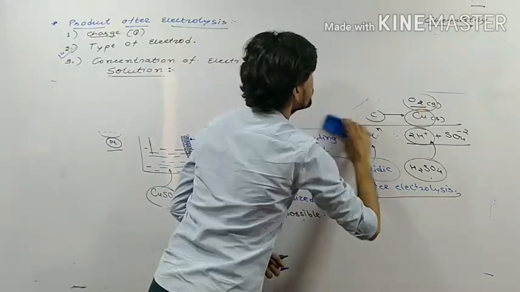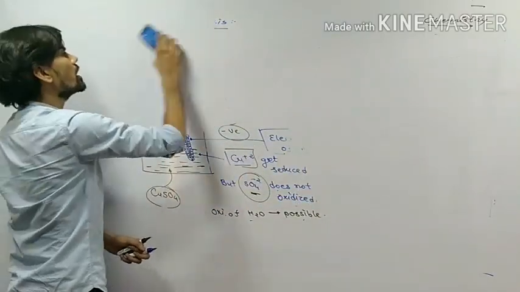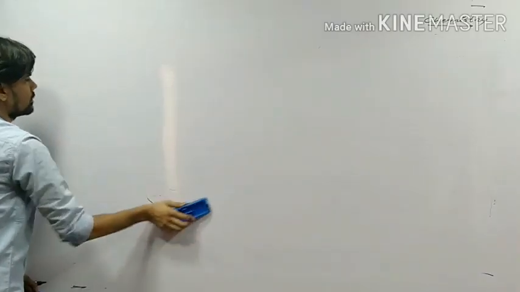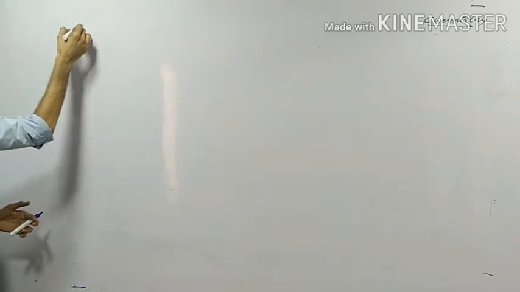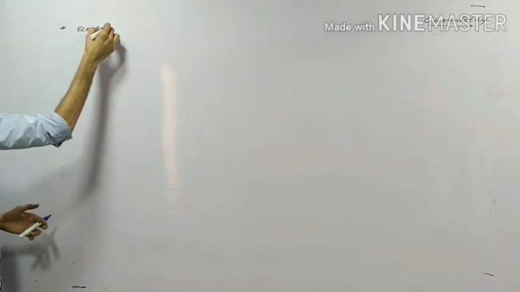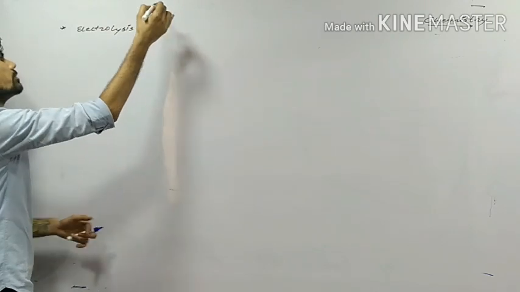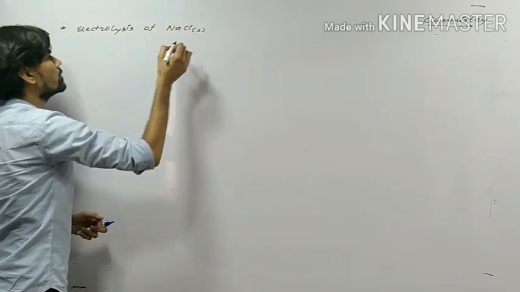The third factor is the concentration of the electrolytic solution. First one is electrolysis of molten NaCl.